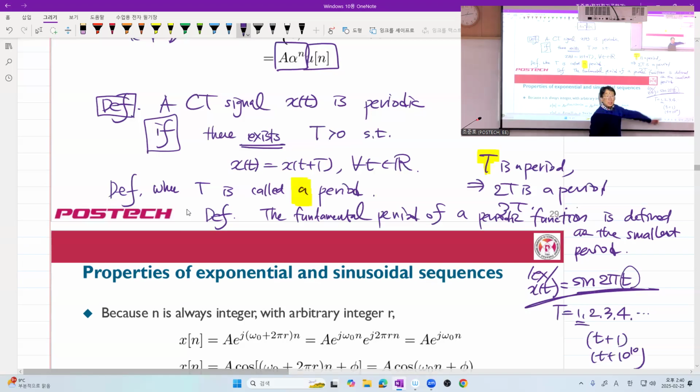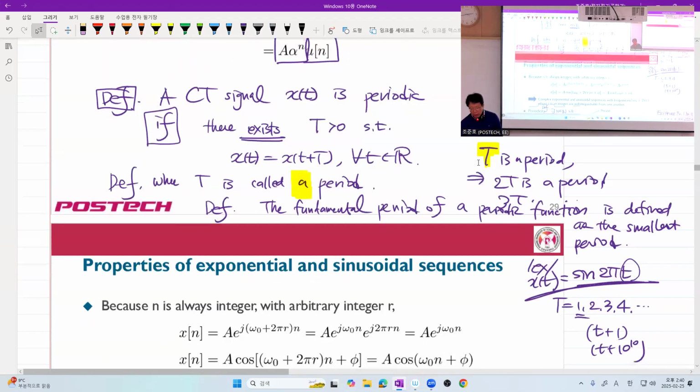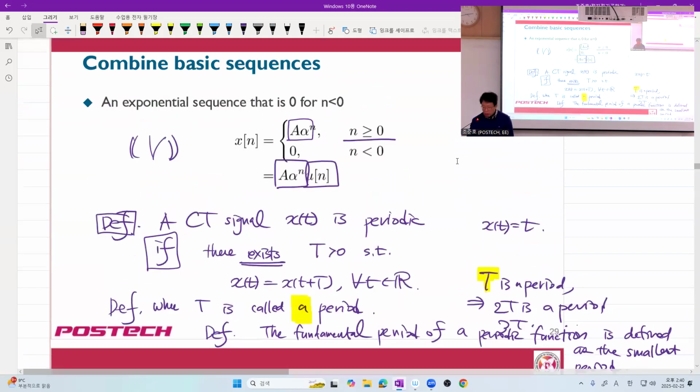The problem is that some periodic signals do not have a fundamental period. And of course, that is very rare. In order to make that happen, we have to consider a very strange function, such as this one.